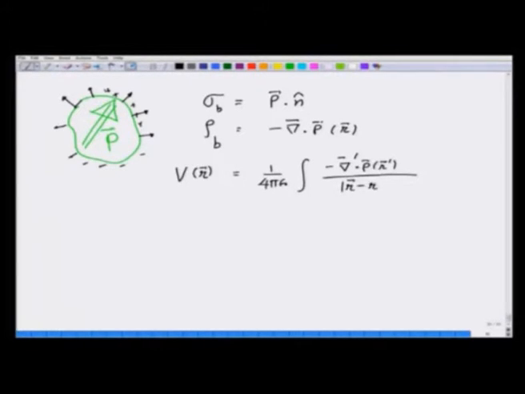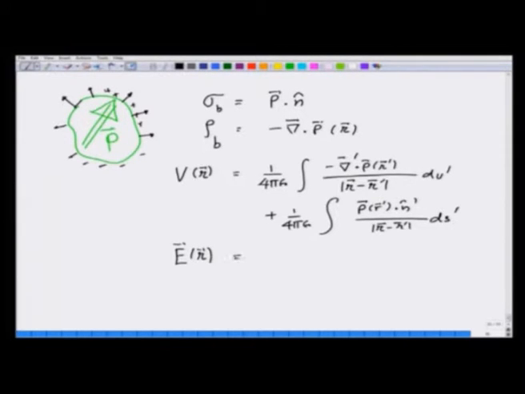Plus 1 over 4 pi epsilon 0 integration of P of r prime dot n prime over modulus r minus r prime ds prime, and the corresponding electric field E will be given as minus grad of V of r.